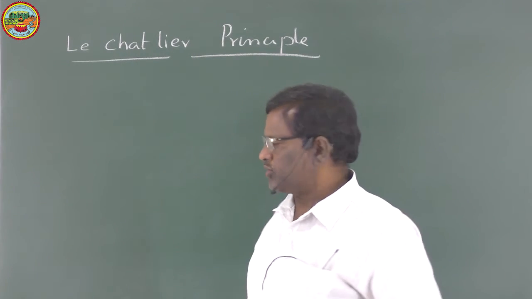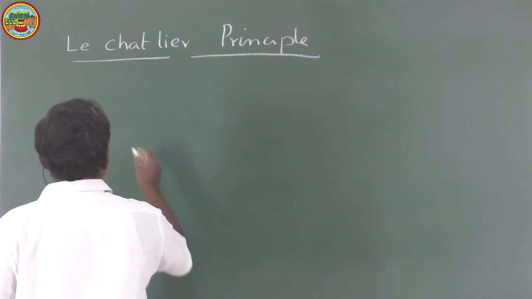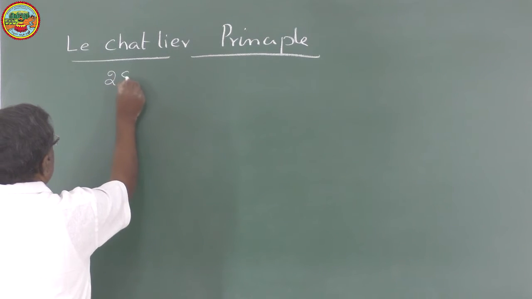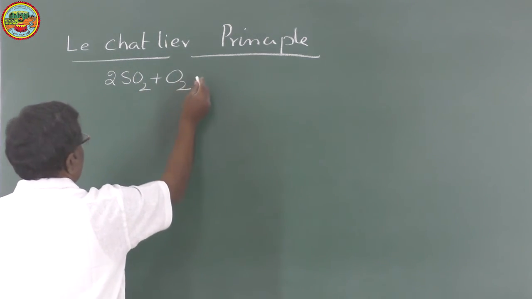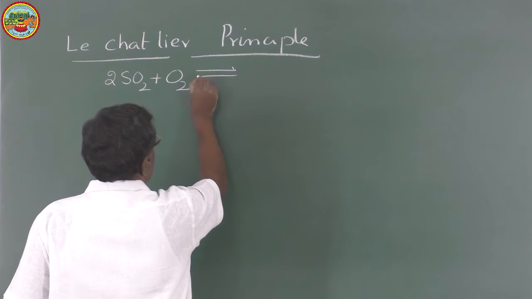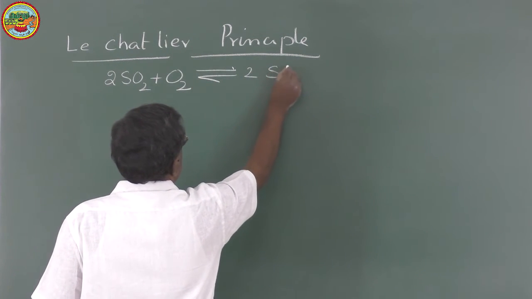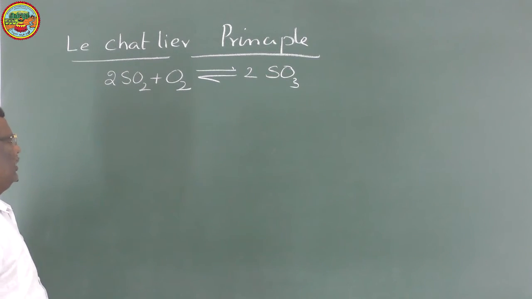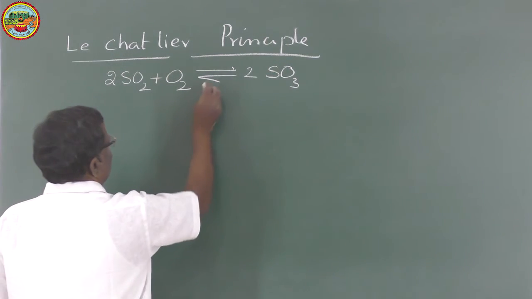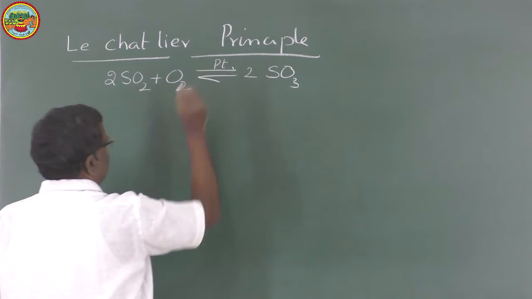So in the contact process, sulfur dioxide gas is allowed to react with oxygen to give sulfur trioxide. This is a reversible reaction. It takes place when these two gases are in contact with a catalyst.